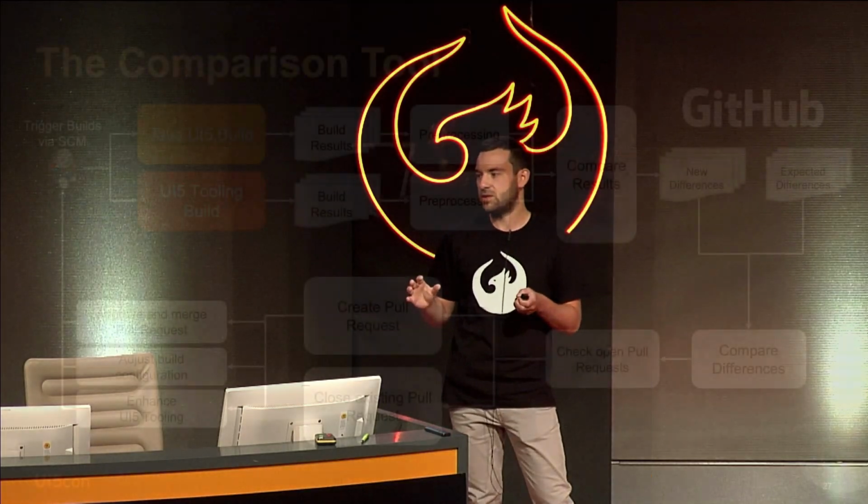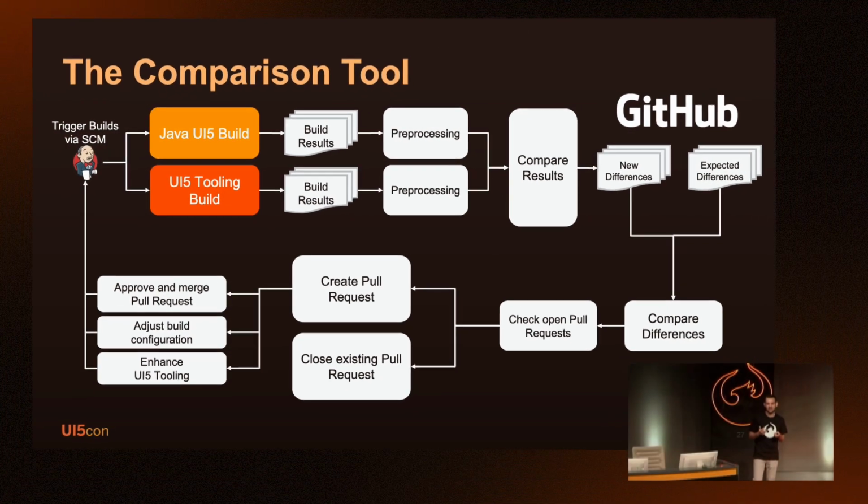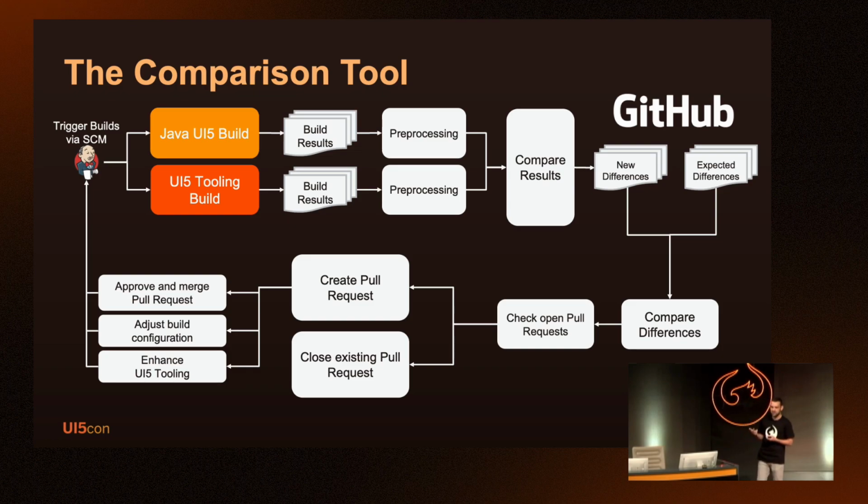Now we can do something, and in that case we have three kinds of actions. Either we look at these PRs which contain the diff and identify, hey, that's exactly what we expect and want, because we have changed something in the tooling and made something better. Then we merge this PR and the expected differences are updated.